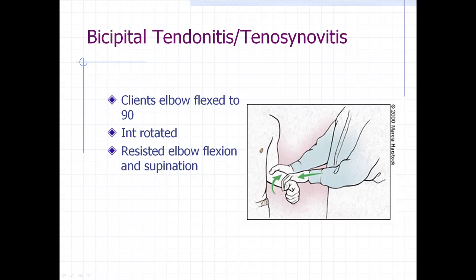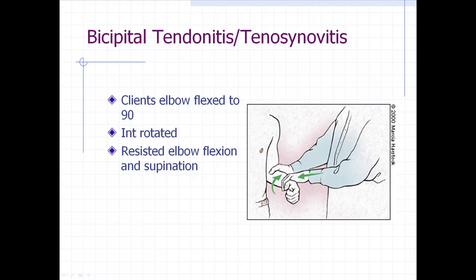The biceps tendon passes up to the shoulder through the intertubercular sulcus. It then passes in between the coracoacromial arch and the head of the humerus before attaching onto the supraglenoid tubercle. To assess for the integrity of the bicipital tendon or irritation of its synovial sheath, the client's elbow is flexed to 90 degrees.